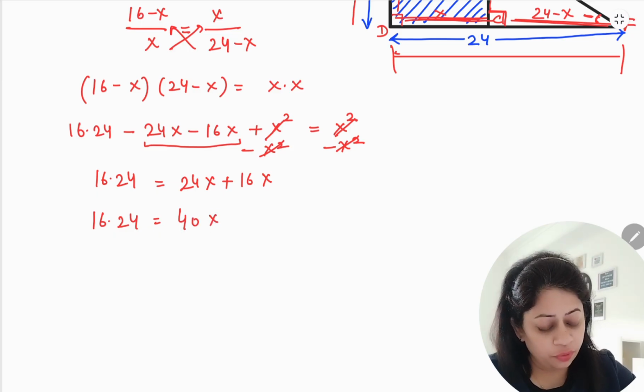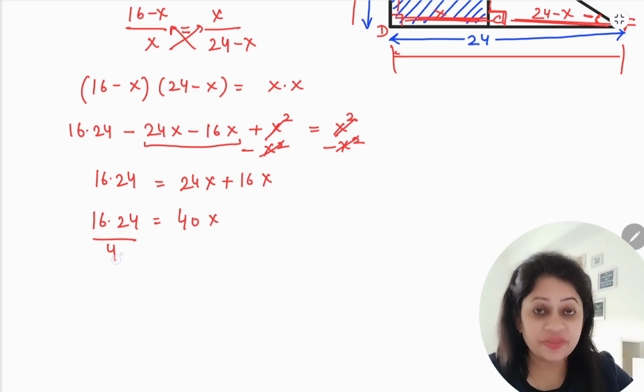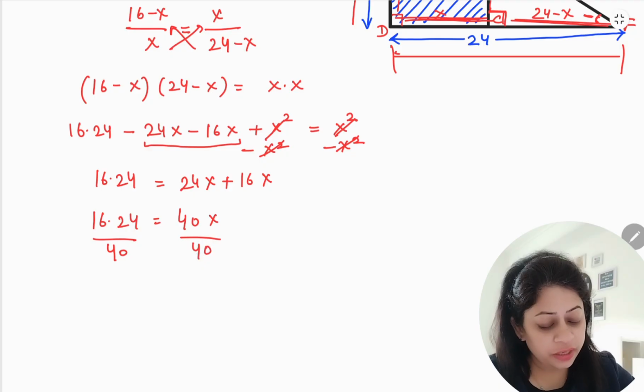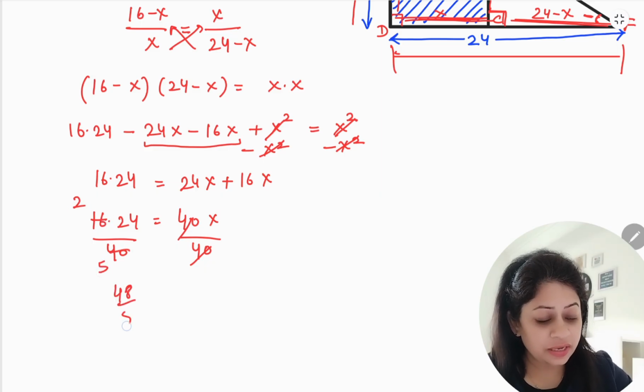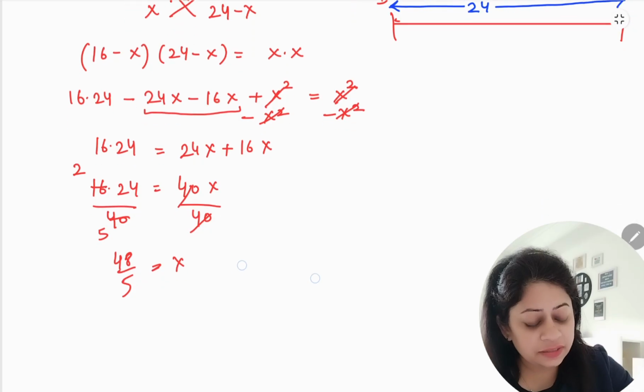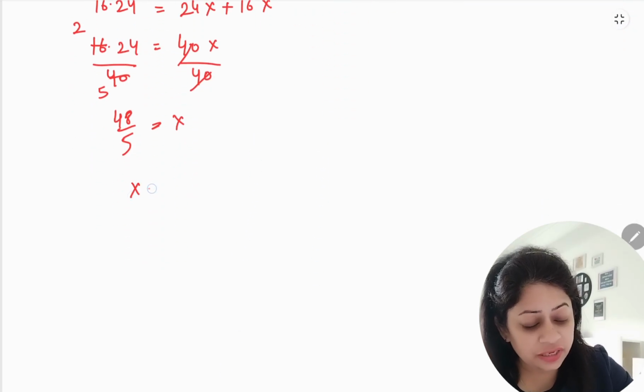Now I divide both sides by 40, right? So if I find out x, if you divide by 8, you get 48 by 5 is equal to x, and that means x is equal to 9.6.